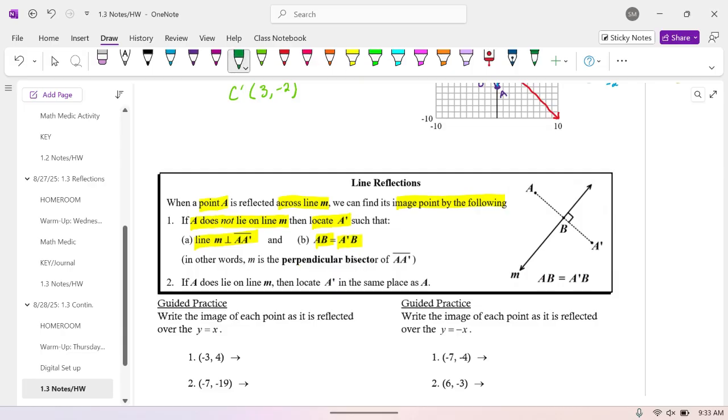Meaning, if we look at this lovely picture over here, if this is our line of reflection, and this is where A is, A prime should be, if we drew a segment between A and A prime, it should create a right angle over our line of reflection.